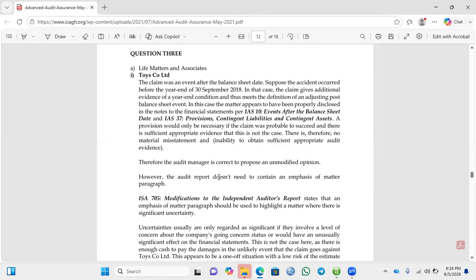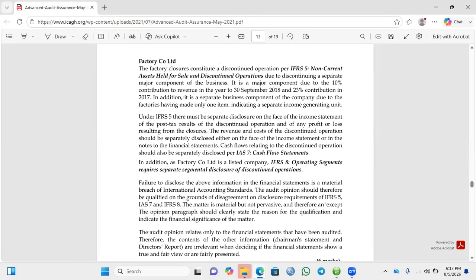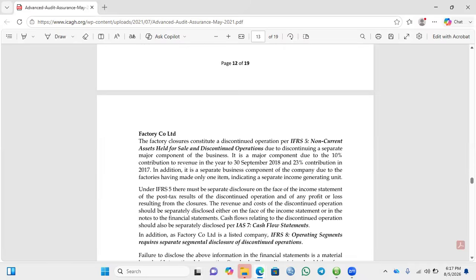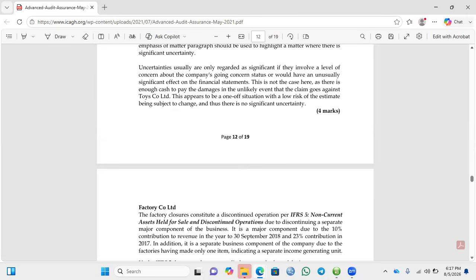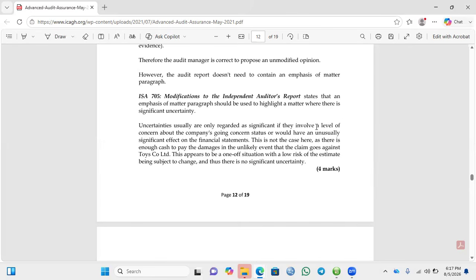Why? It says the auditing standard on modifications to the auditor's report states that an emphasis of matter paragraph should be used to highlight a matter where there is significant uncertainty. Oh, okay. So colleagues, please note too: you only use the emphasis of matter paragraph when there is a significant uncertainty.